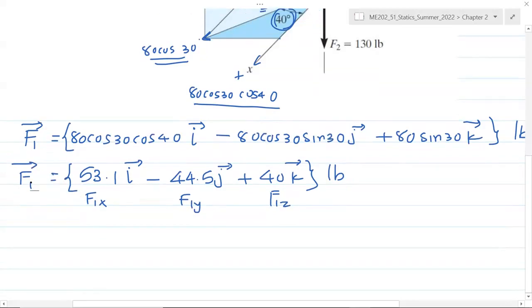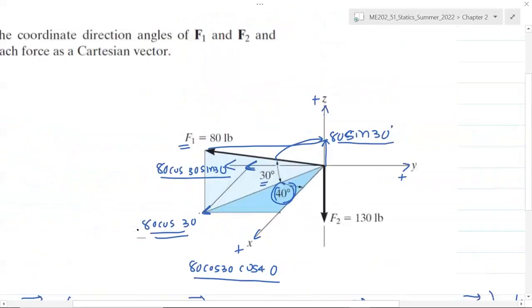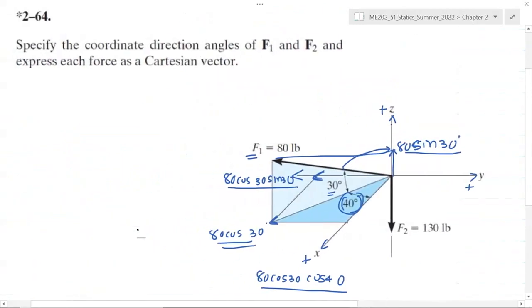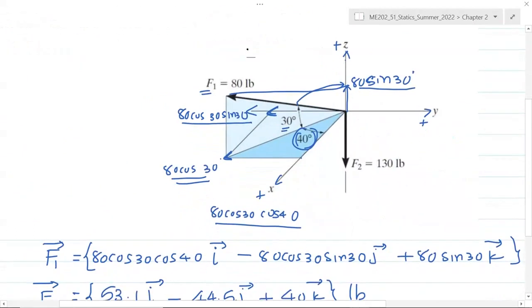multiplied with appropriate directions. Now to calculate the coordinate direction angles, if you read the question, it says calculate the coordinate direction angles. That means what angles this force makes with the x, y, and z axes. So it's looking for the angle that it makes with the x-axis, which is alpha 1, the angle that it makes with the y-axis, which is beta 1, and the angle that it makes with the z-axis, which is gamma 1.